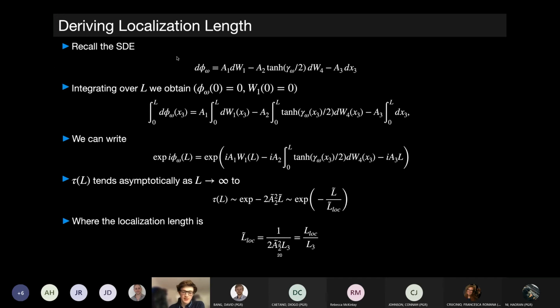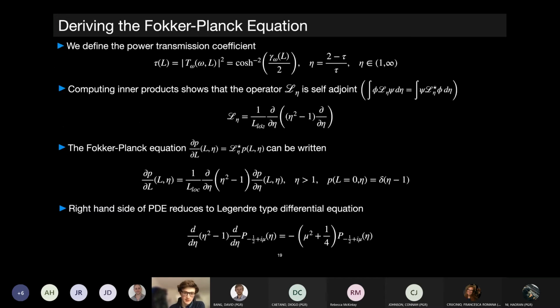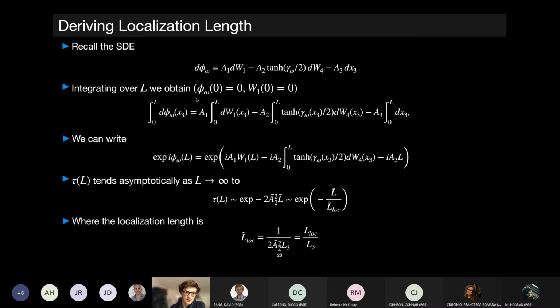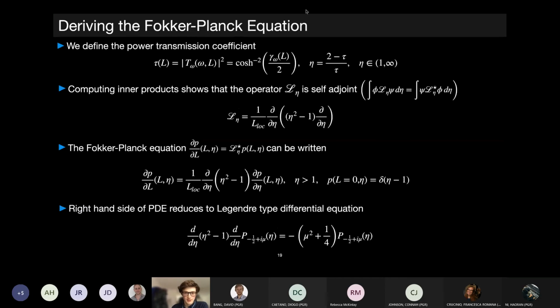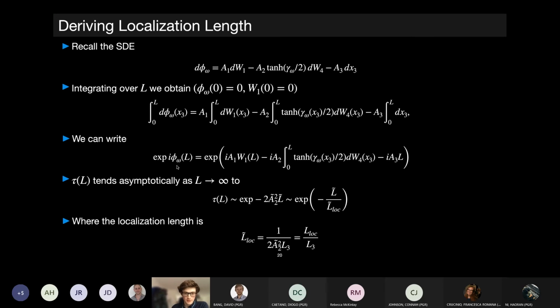So the localization length, which appears in front of this generator in this PDE here, I'll show you what that is. If you remember back to the Ito system we had before, if you take one of the equations here and integrate it across the whole of the random material, and then you take exponents, basically we're aiming to write this in terms of this hyperbolic function here. So you can reduce this and equate it to the power transmission coefficient.